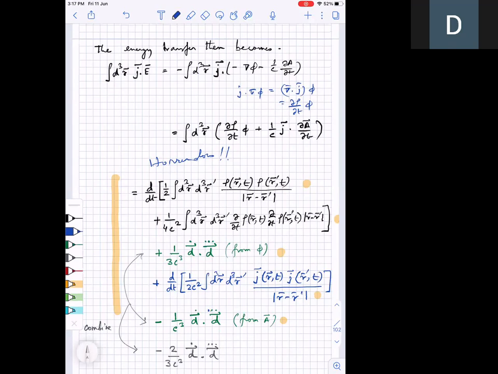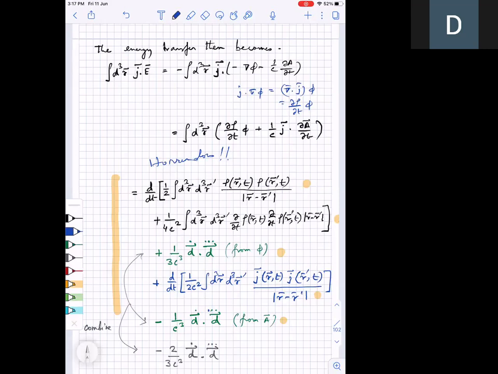This should be reminiscent of your Larmor formula. Your Larmor formula, remember, had a 2 by C cubed in it, right? So we have got a 2 by C cubed term, but the Larmor formula, of course, was D double dot squared. Instead, we have a D dot D triple dot. That's what we have, combining these two green colored terms.